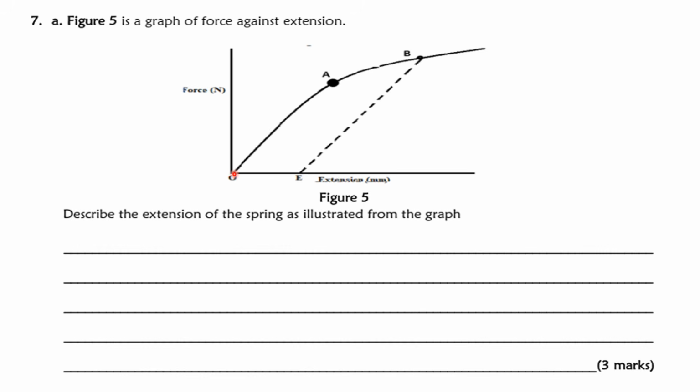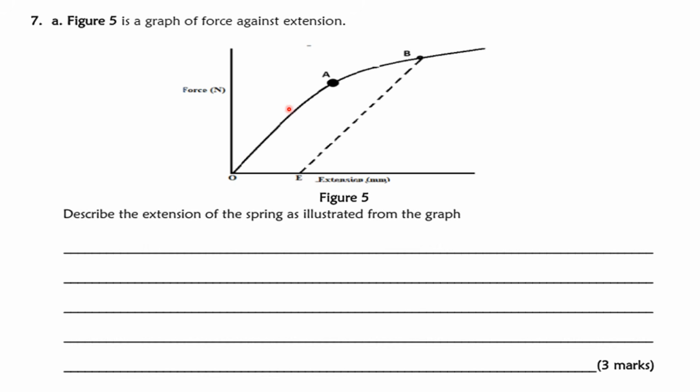This is the origin. When no force is exerted, the extension is 0. When force is exerted, initially the spring increases in length proportional to the force.